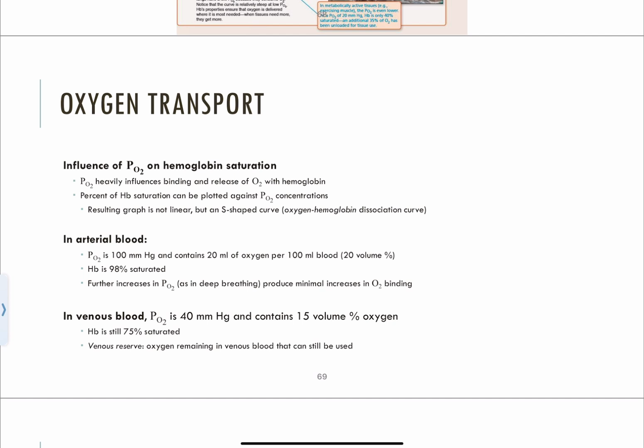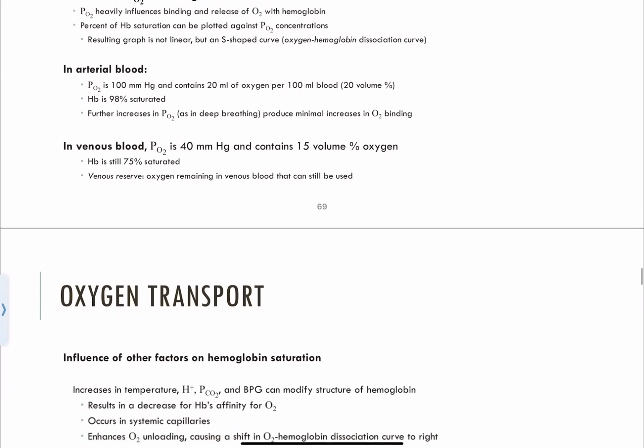We still have about a 75% saturation rate of our hemoglobin. So we never truly have completely deoxygenated blood. We always have some level of oxygen bound to our hemoglobin, and that's what's referred to again as venous reserve.